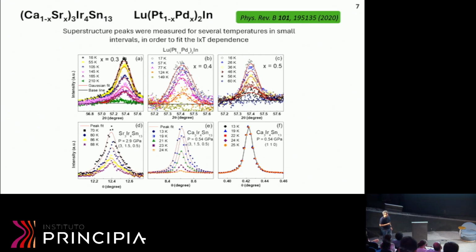So we looked a few years ago into these questions, and we measured the X-ray diffraction pattern for both systems. This one was under pressure, and this one was by palladium doping, and we mapped the intensity of the superstructure peak as a function of temperature for the different samples.